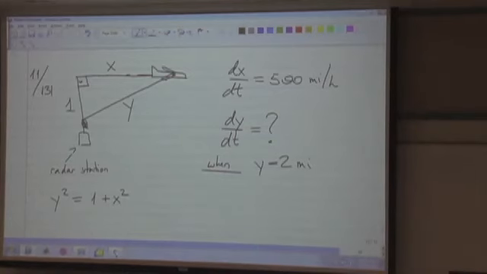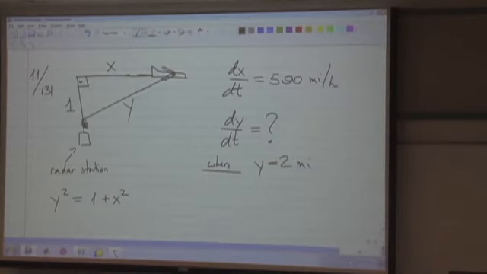Is y fixed, or only at one particular time? We're asked to find the rate of change of y when y is equal to 2. The plane is moving, it's not fixed. Which means y will change with respect to time. So y equal to 2 is just one particular moment of time, and it's not always.